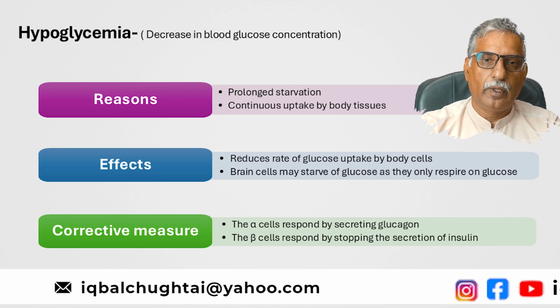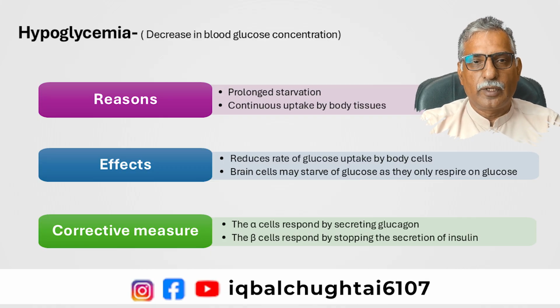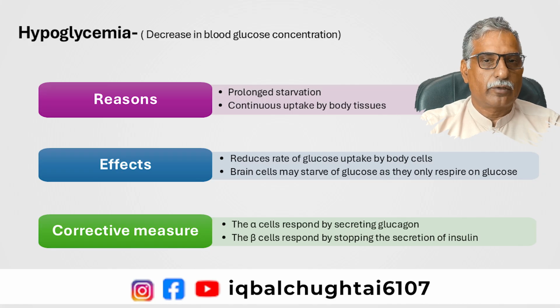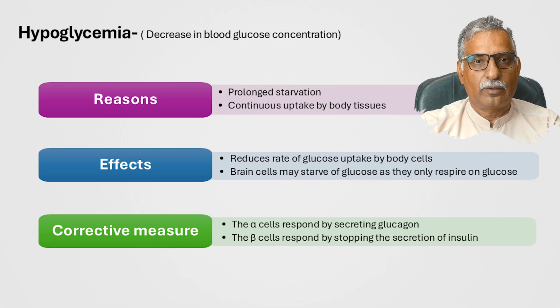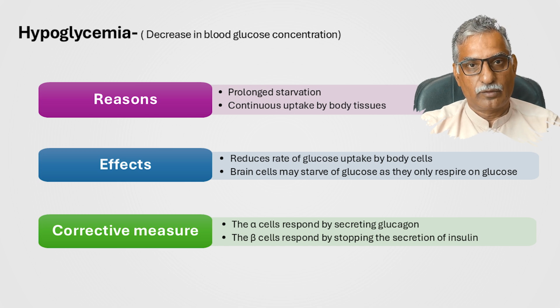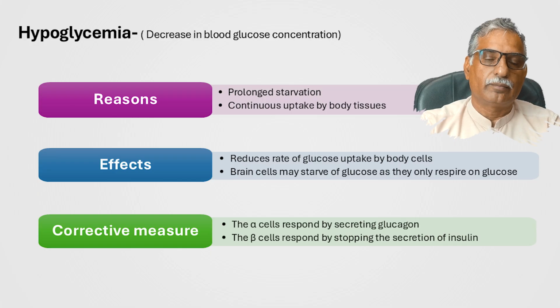But remember one thing: when the blood glucose concentration is decreasing back to normal, it's not the end, and the cells will not stop taking glucose. No, cells will continuously take up glucose from the blood because of their respiratory needs. So blood glucose may start decreasing.